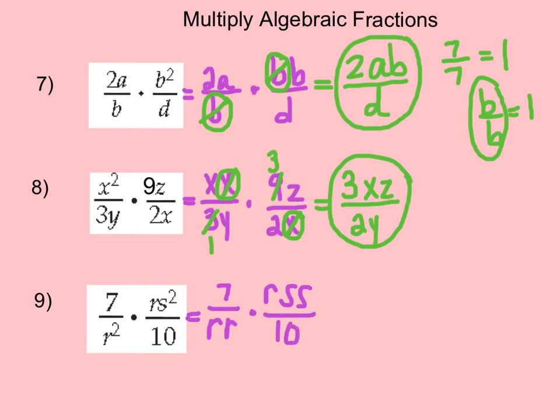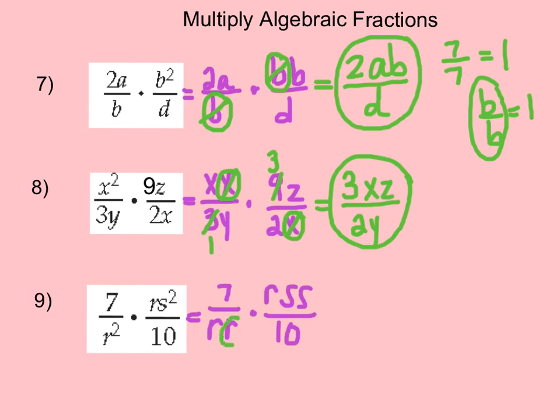Oh boy, this is a pirate problem. Do you see all the r's in the problem here? We have a 7 over rr and an rss over 10. So first we're going to look to see if we can reduce anything. And in this problem, when I'm looking diagonal, I see I have a couple of r's.